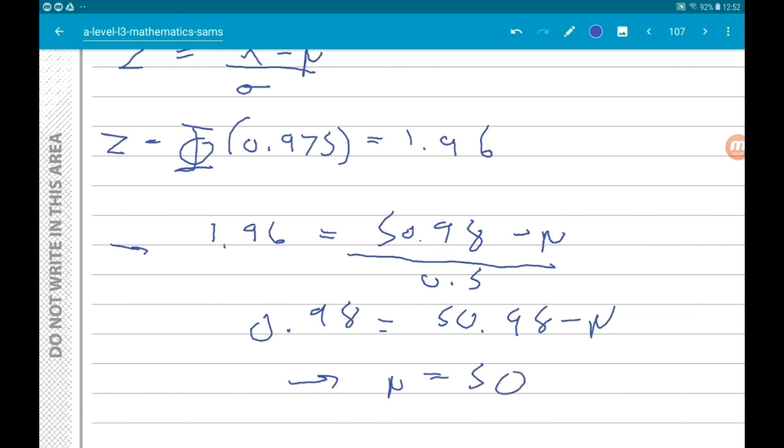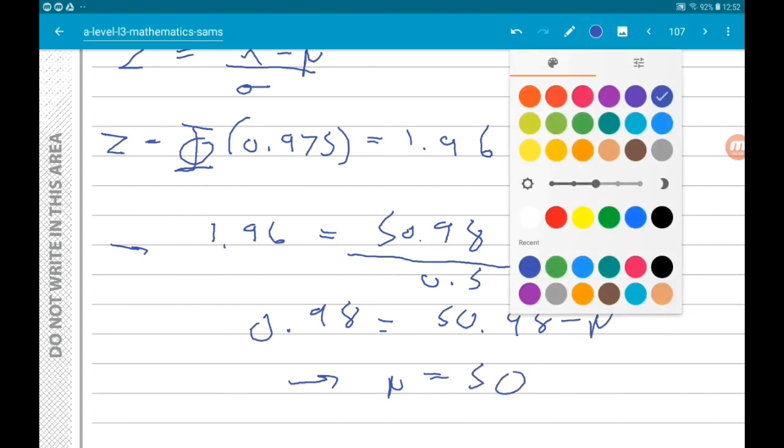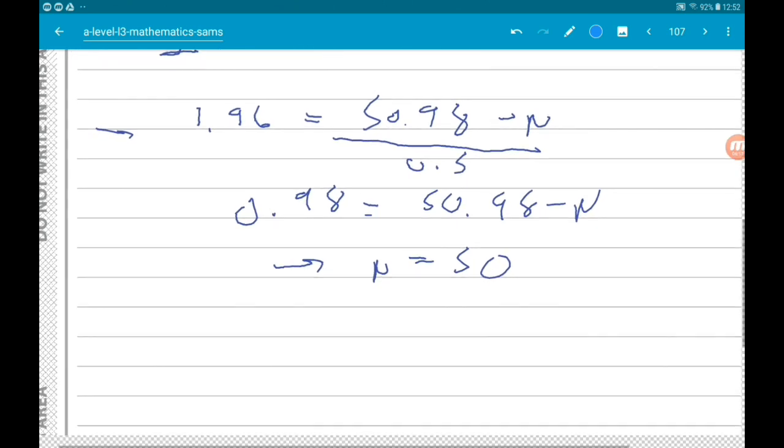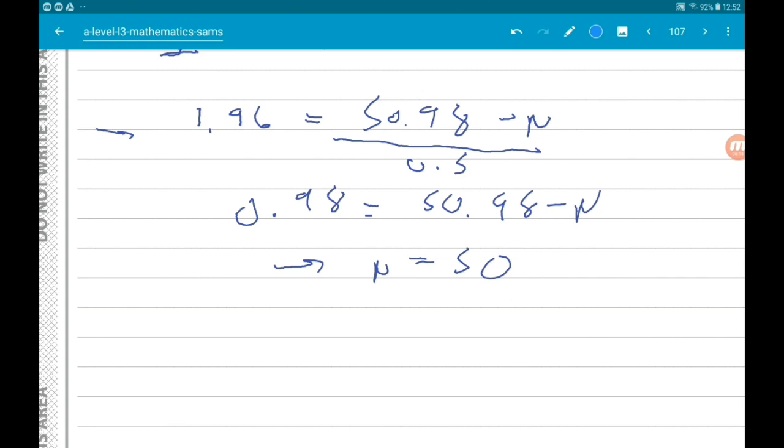So, what we can now write down then is the full distribution. So, L is normally distributed with a mean of 50 and a variance of 0.5 squared.